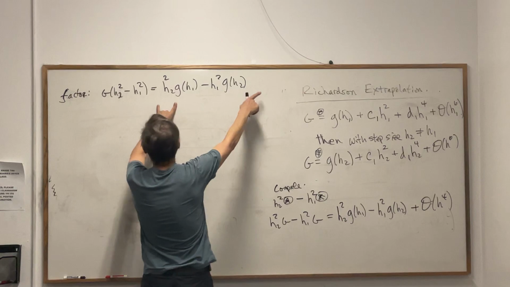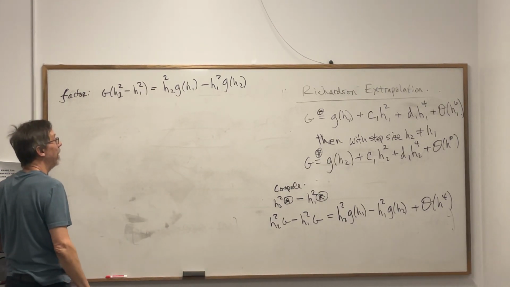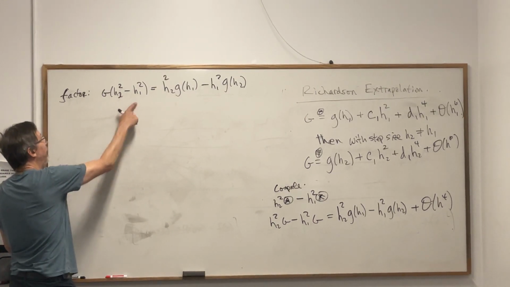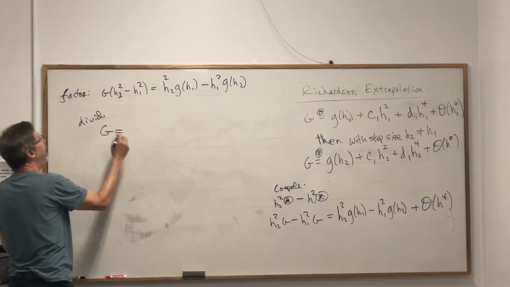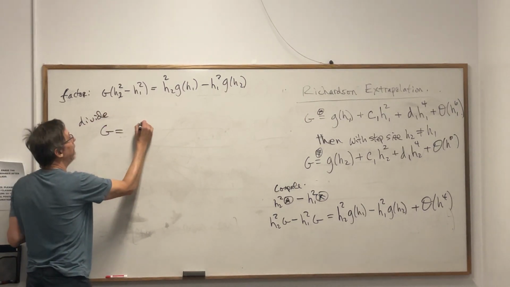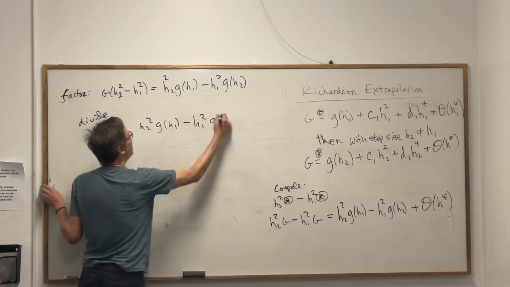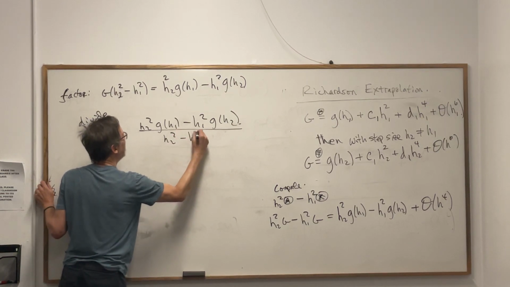Let's forget about the error in this; we've got some error floating out to the right. Now I'm going to divide both sides by H2 squared minus H1 squared, and I get G equals H2 squared G of H1, minus H1 squared G of H2, over H2 squared minus H1 squared.